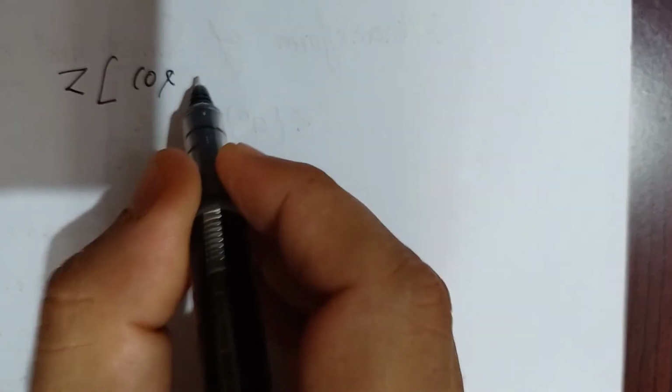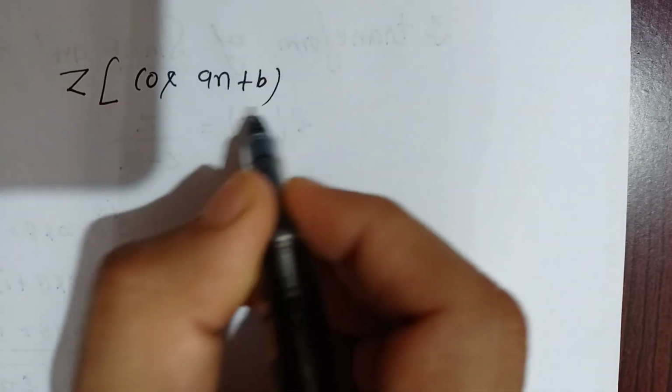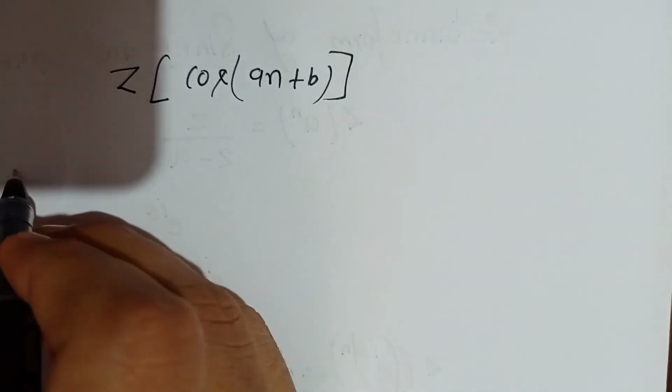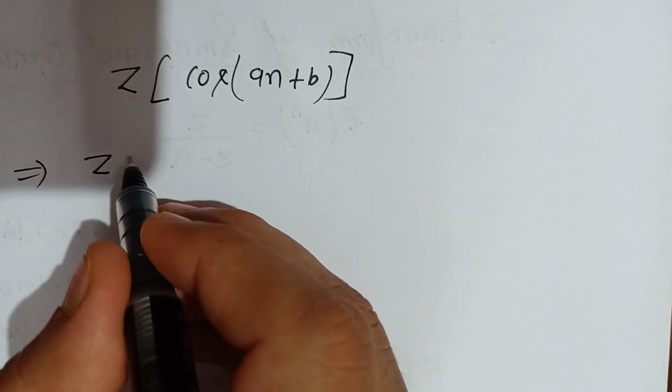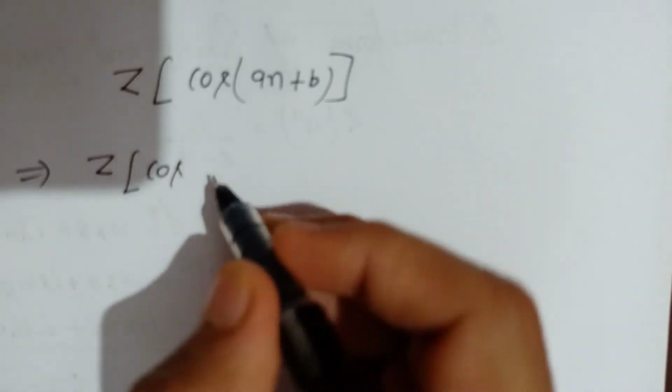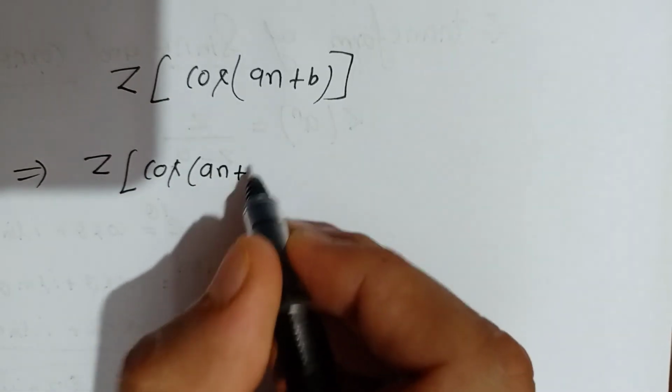Now in the same way, let us try to find the Z transform of cos(an+b). So we get Z transform of cos(an+b).